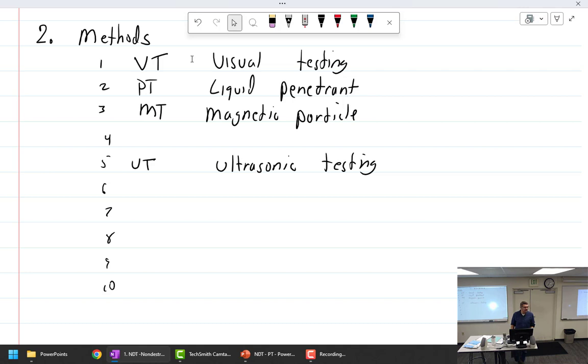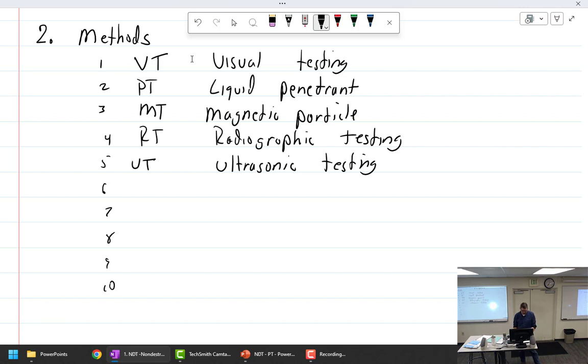Okay, what's that? X-ray testing. X-ray is not on here, but I do have RT for radiographic testing, which is the same thing. Radiographic testing. What else you got?